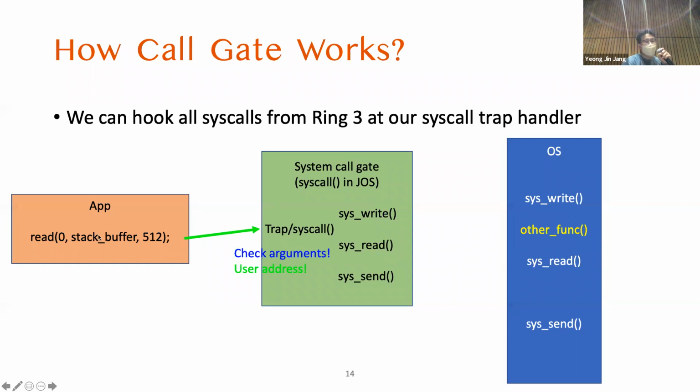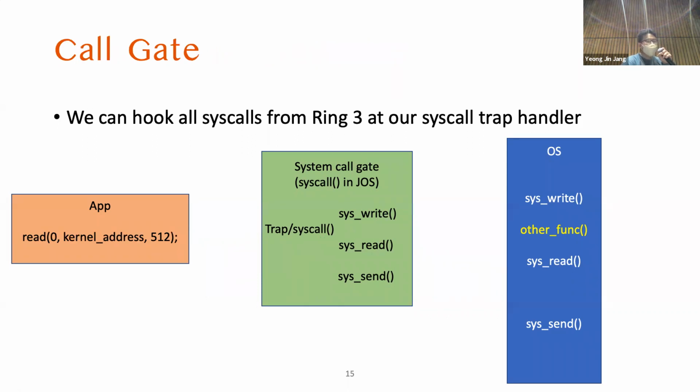If it is a user address, just pass it and apply sysread, and everybody will be happy. But suppose I supply the kernel address here, then the operating system checks the argument: oh, this is a kernel address that you do not have permission for. Then we need to send an error message to the user. That's how we can use a call gate to prevent malicious use of operating system functionality.